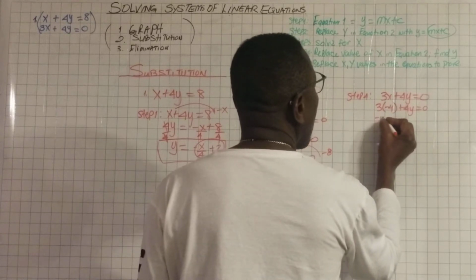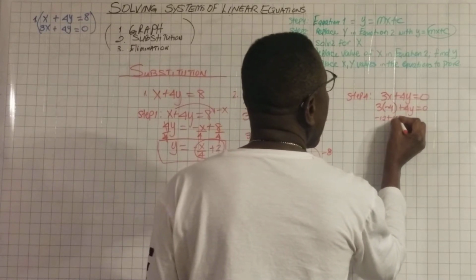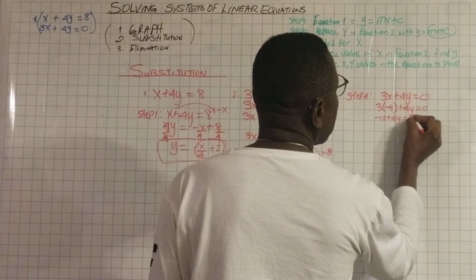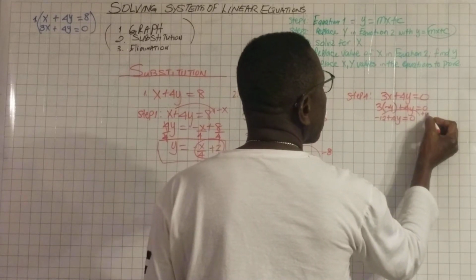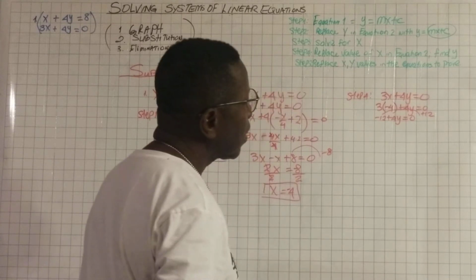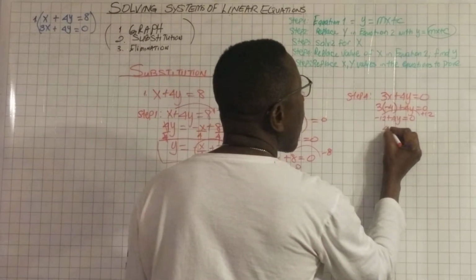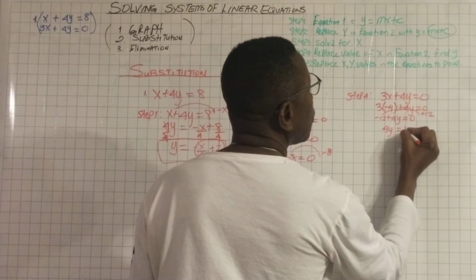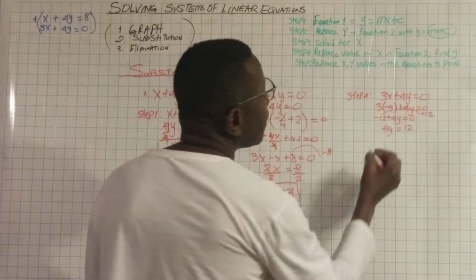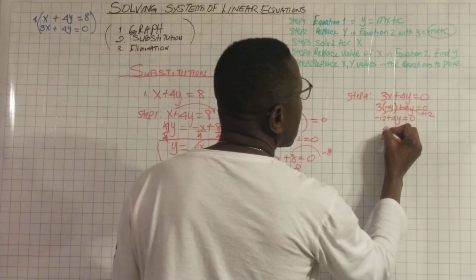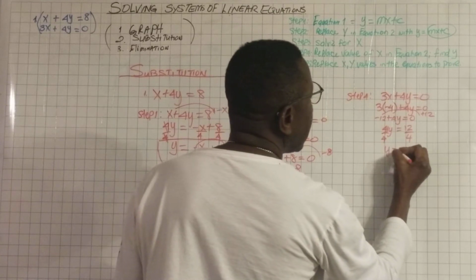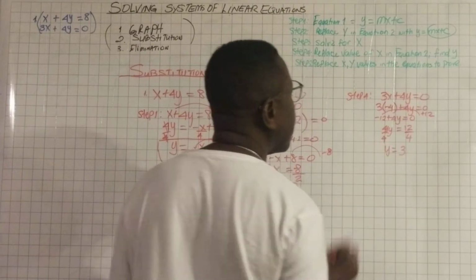This is minus 12 plus 4y is equal to 0. So let's move the number across here and become plus 12. So we have 4y is equal to 12. Divide by 4 and divide here by 4. So y is equal to 3.